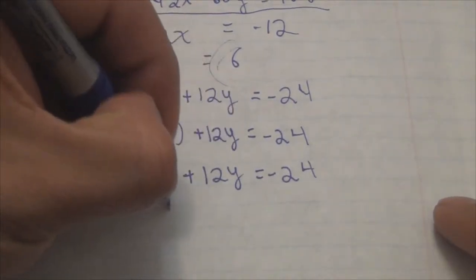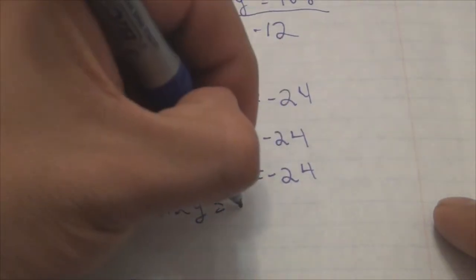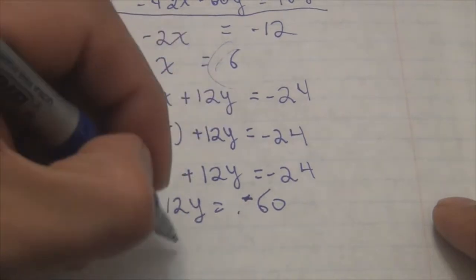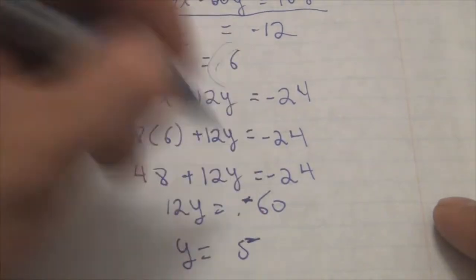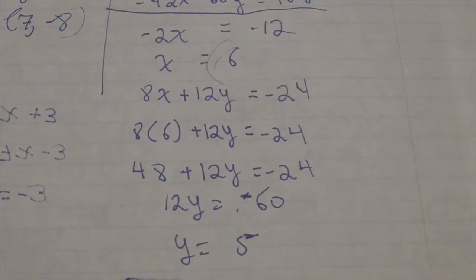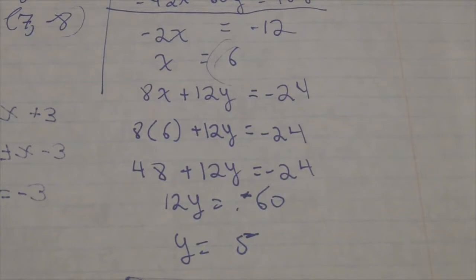Negative 72. Okay, so 12y equals negative 72. Divide by 12, and y is equal to negative 6. Wait. Let's see now.